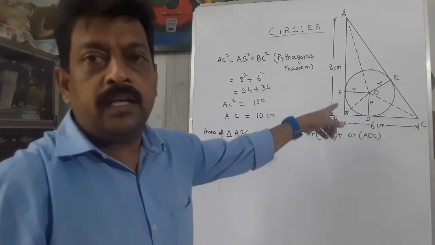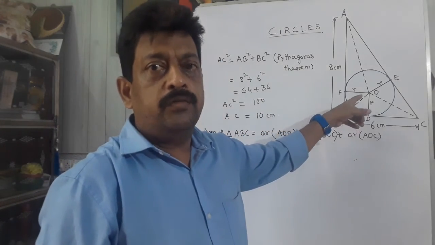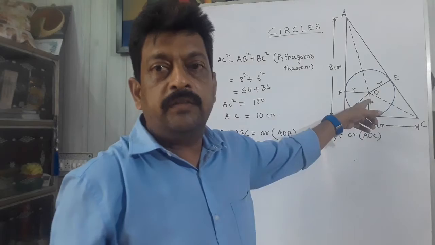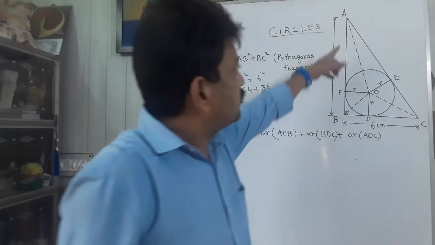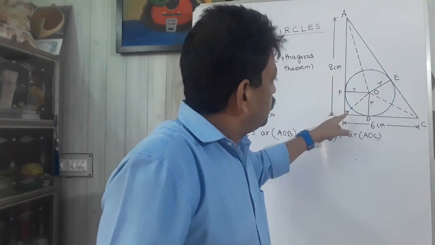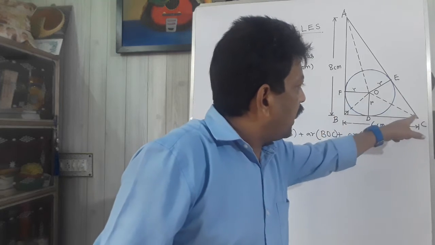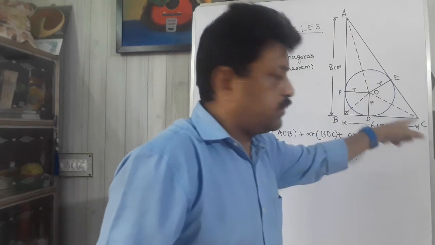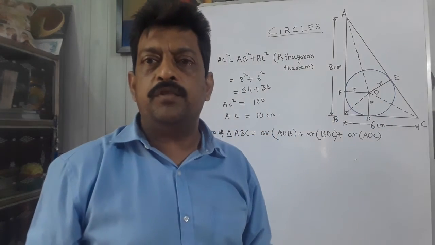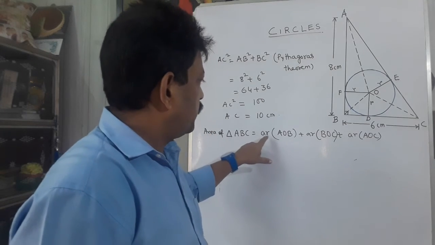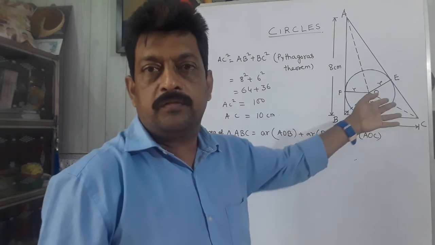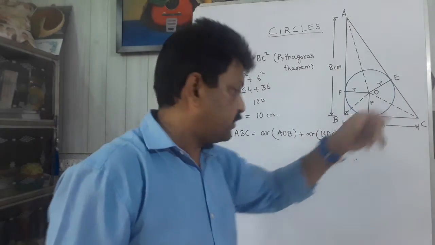The whole triangle ABC is divided into three parts, three triangles, that is triangle AOB, triangle BOC and triangle AOC. So area of triangle ABC will be the sum of areas of these three triangles.